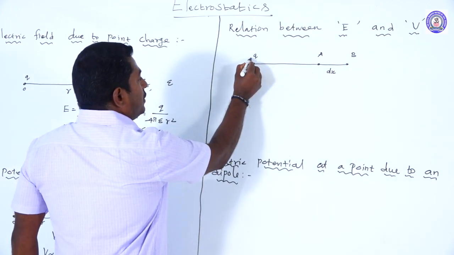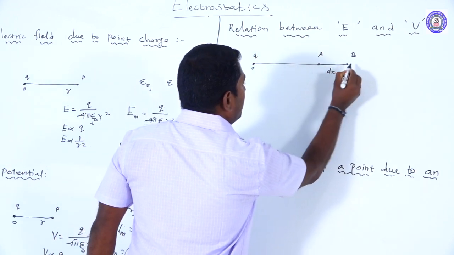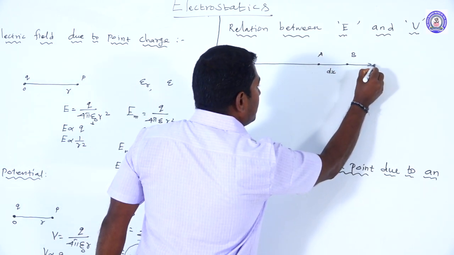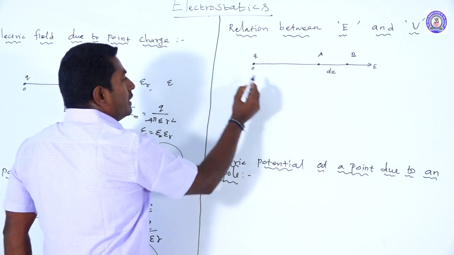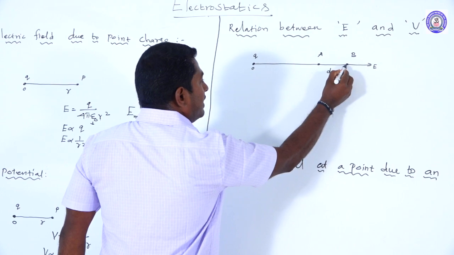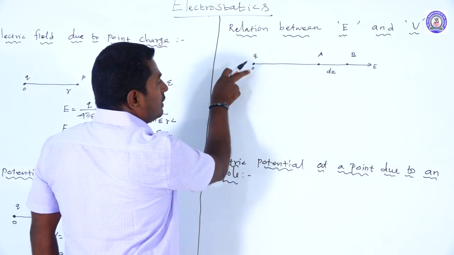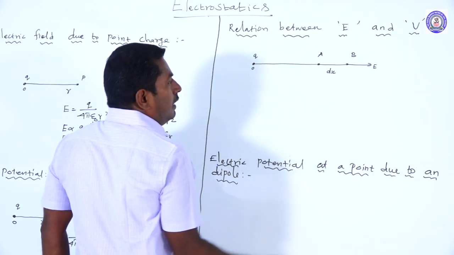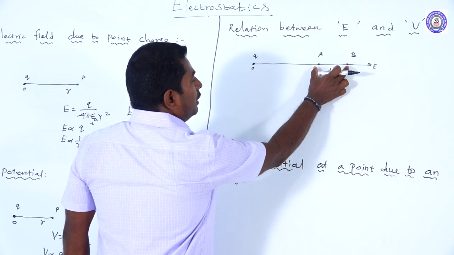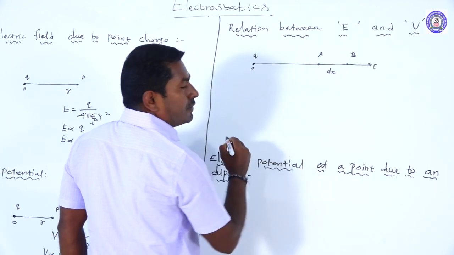A positive point charge produces an electric field directed away from the positive charge. If it is a negative point charge, the electric field intensity at this point is directed towards the negative charge, but in the case of a positive point charge, the direction of the electric field is away from the positive charge. So the distance between the two points A and B is dx.